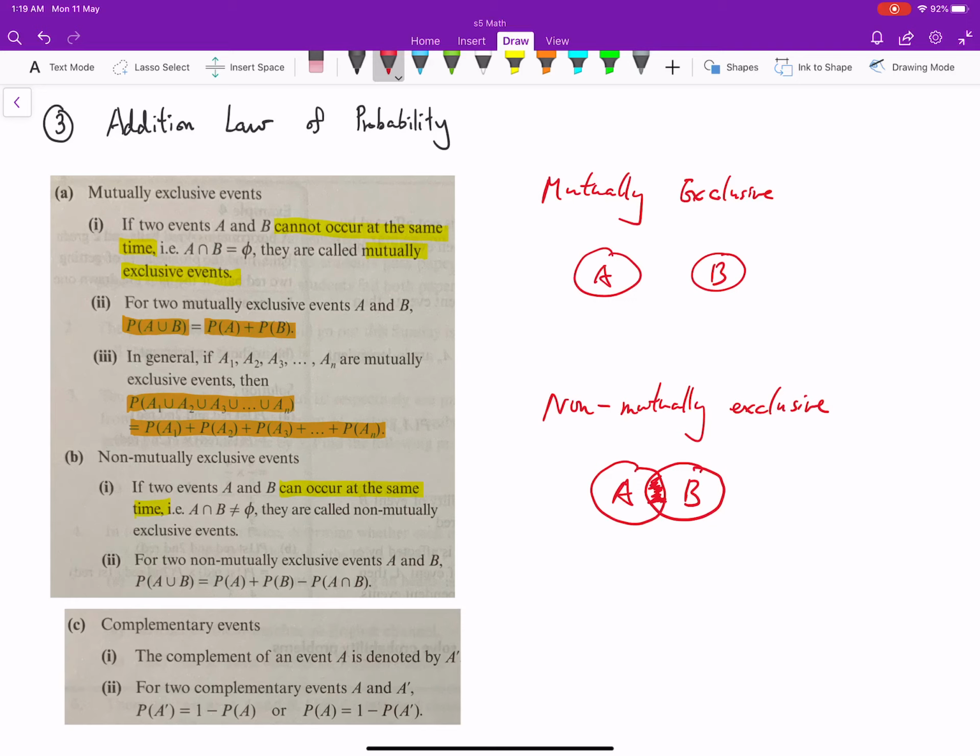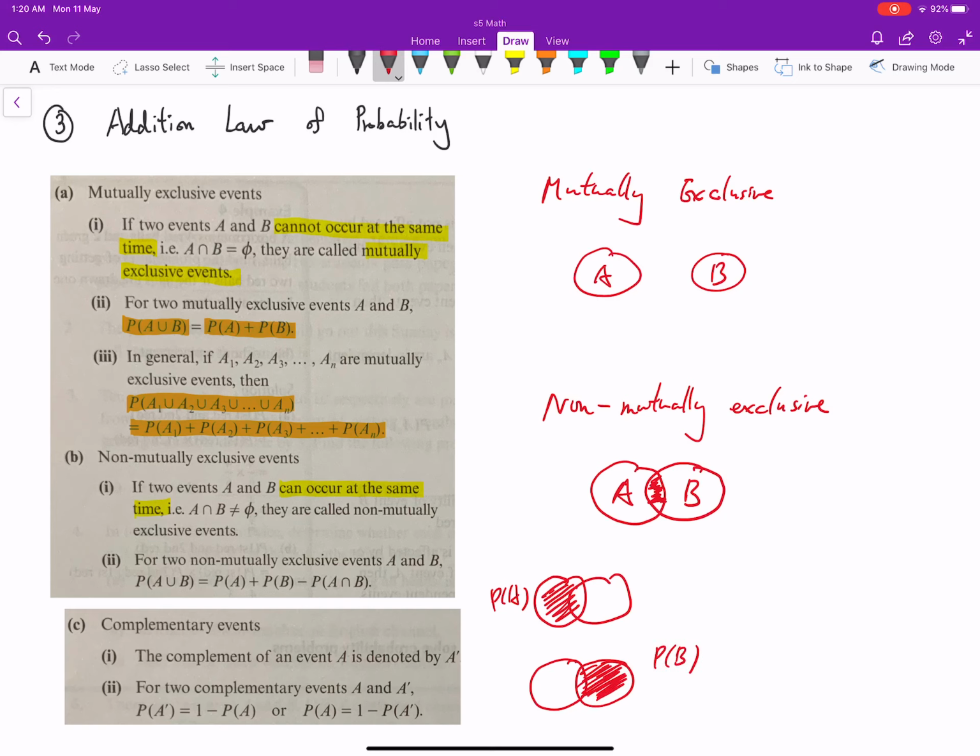In this situation, we can imagine 4 cases. You have A and B, so you have P(A) here, and this is P(B).